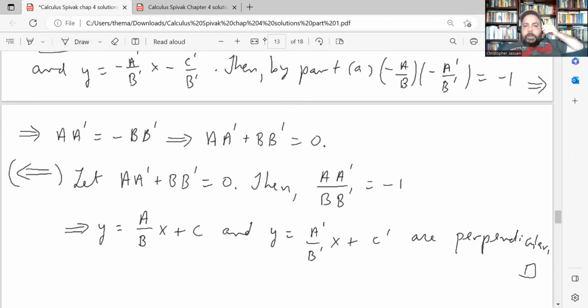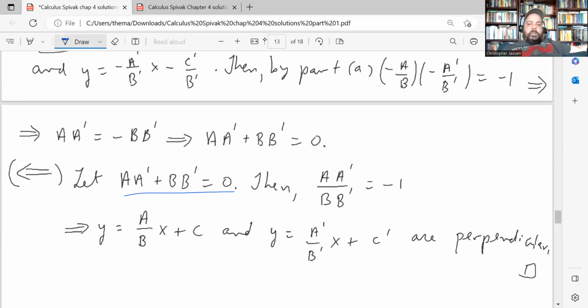Now we can do the reverse direction. So here the hypothesis is that the equation is satisfied, a a prime plus b b prime equals 0. Just rearranging things again, that shows that the product of a over b times a prime over b prime is -1. Bring b b prime over to the right hand side, divide by b b prime, and you get that equivalent equation there.